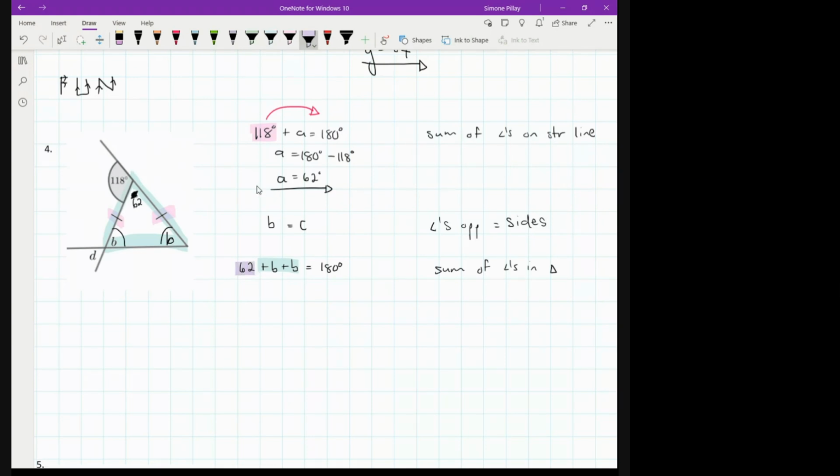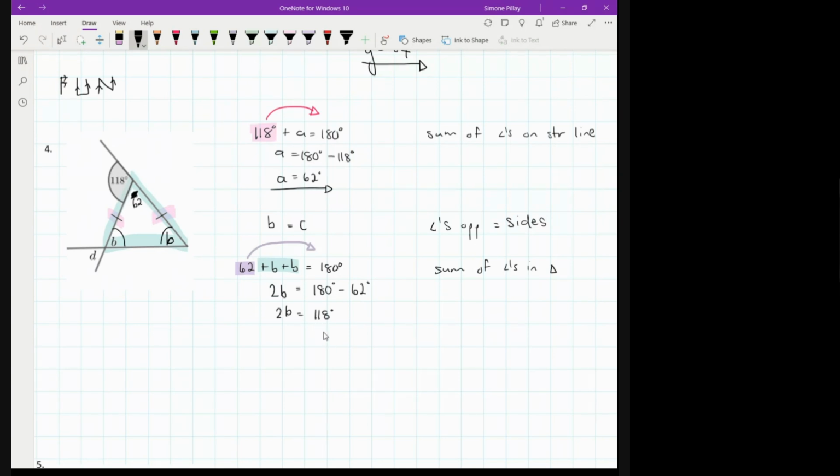When you add both like variables, it's going to be 2b plus 62 is equal to 180. Then 2b is equal to 180 minus 62. What is 180 minus 62? I'm getting 118. Tell me if you get the same. Yes, ma'am, I do. Cool.